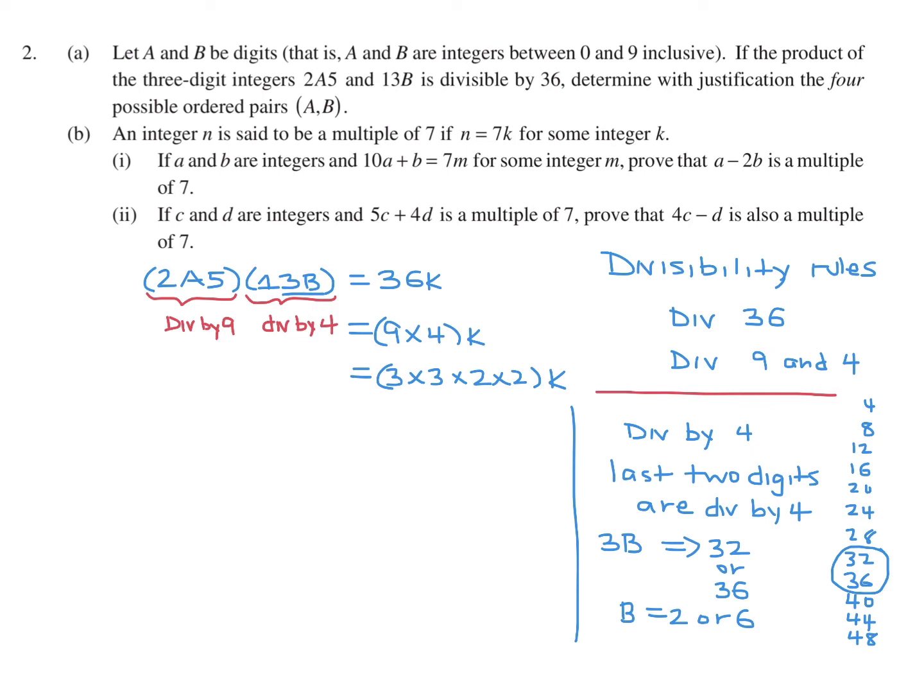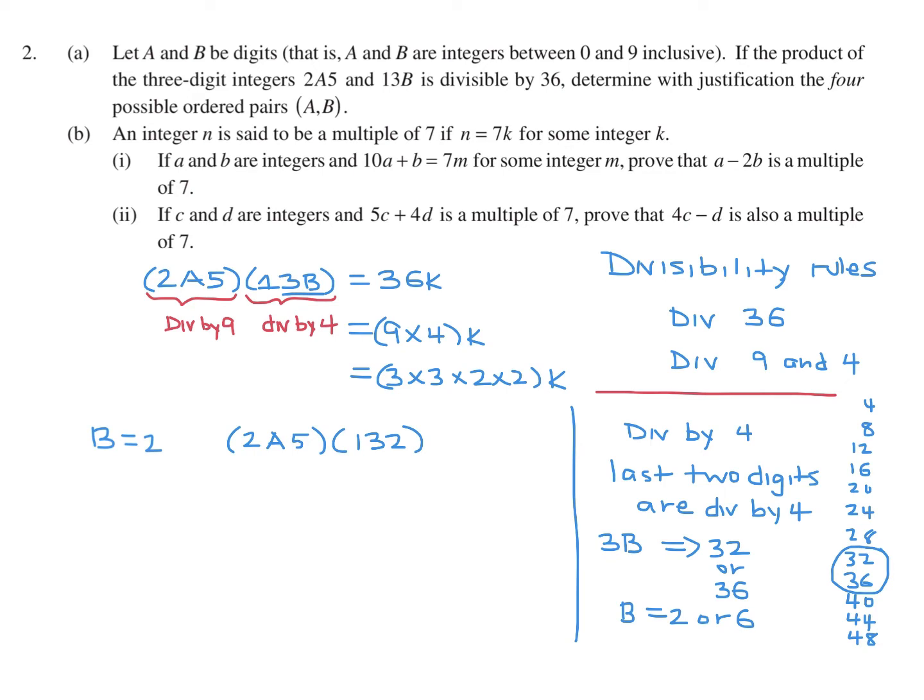So we've got b is either 2 or 6. Let's work with this now to figure out what a can be. Let's start with b equals 2. If b is equal to 2, we need 2a5 multiplied by 132 to follow these divisibility rules.